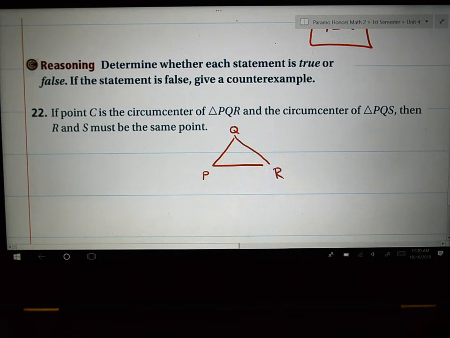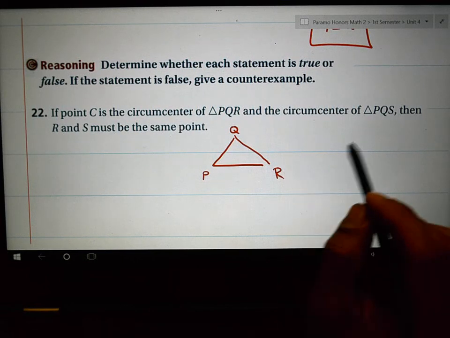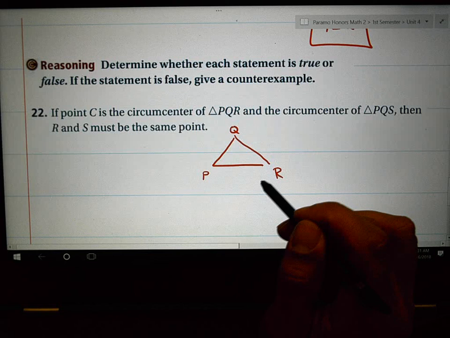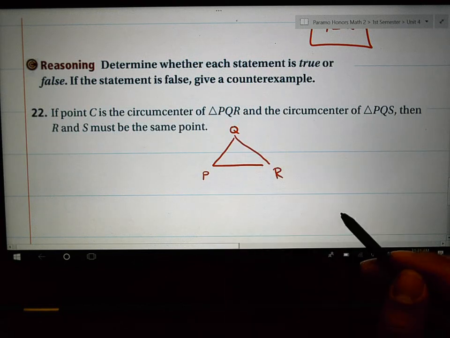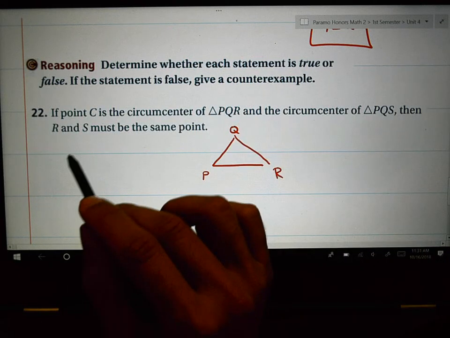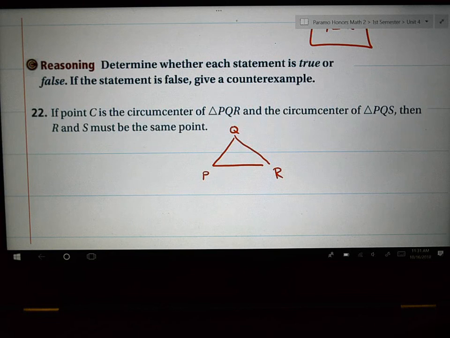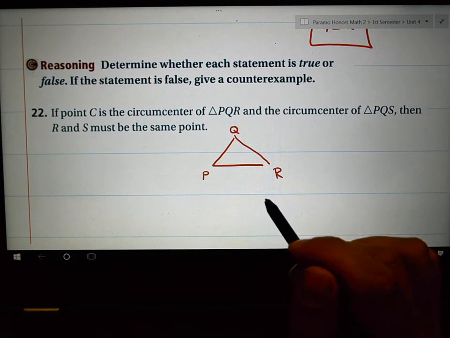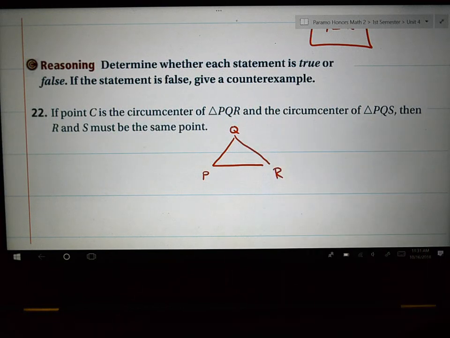And the circumcenter is the point that's going to go through all three, right? And so if there's another point S somewhere around here, is R and S going to have to be the same point if point C is a circumcenter of this triangle?